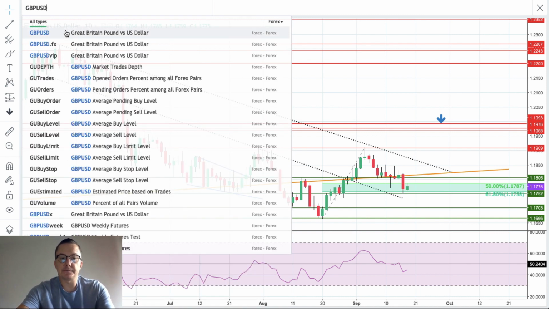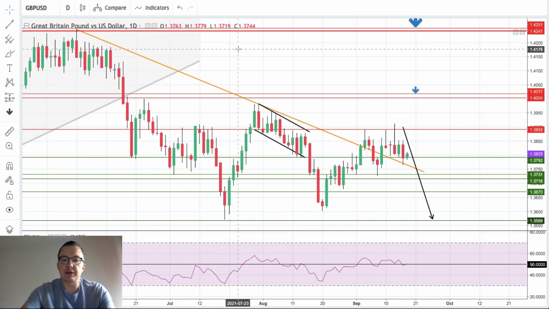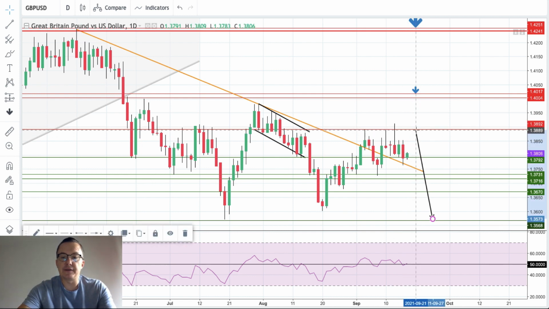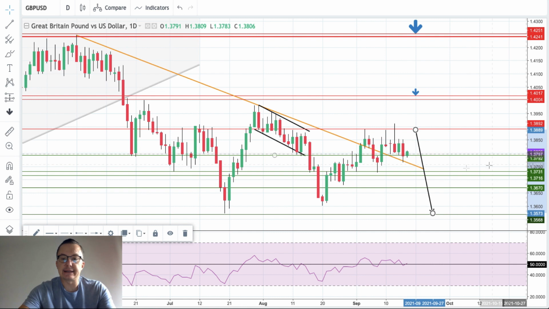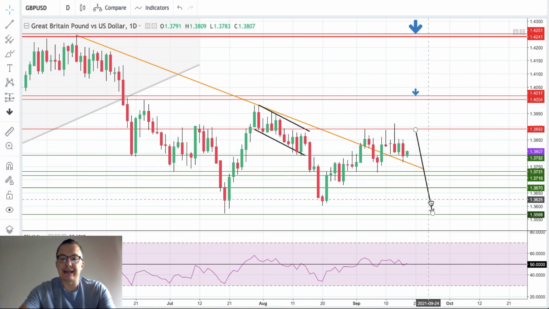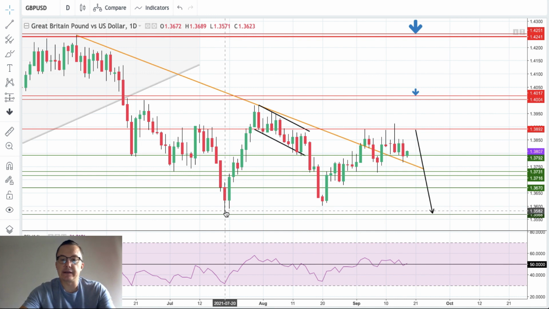The British pound situation is very similar. As I said yesterday, we have a first confirmation of our scenario. Of course, this is a down scenario, looking for lows of the 20th of July 2021. We have a down candle here.